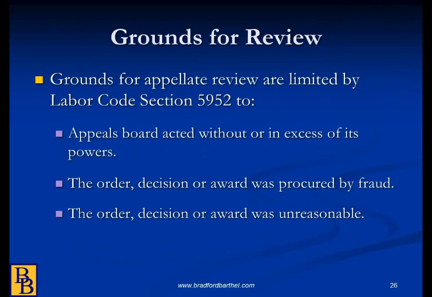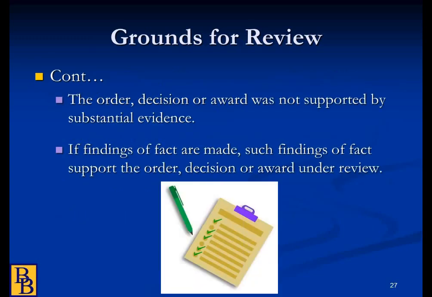And the grounds for review on a petition for writ of review are very similar to those for petitions for reconsideration. And this is from Labor Code Section 5952. The appeals board acted without or in excess of its powers. Again, a jurisdictional argument. The award or decision was procured by fraud, or the award or order is unreasonable.